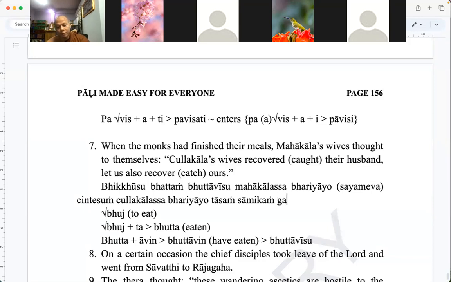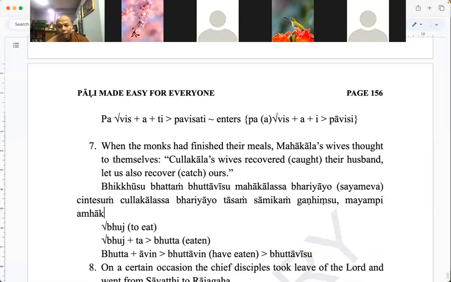Gan. So Gan name Su. Okay, Gan name Su. And let us also recover or catch ours: Mayambi Amagan, Samigan, and Ganamati.